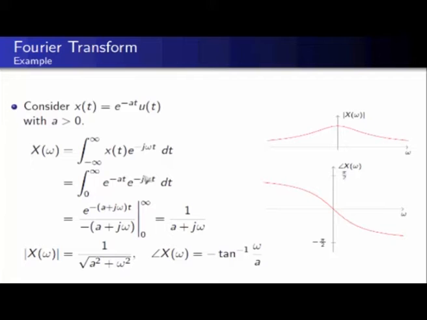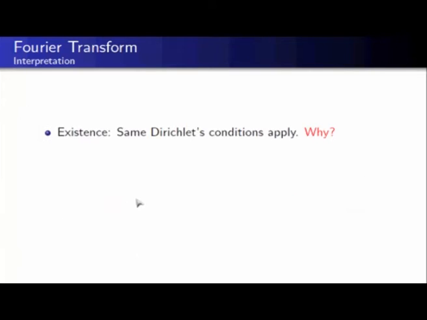Otherwise this infinite improper integral is not defined. For this to be defined, a necessarily has to be larger than 0. So let's continue, that's what I said before to the question. When do we say Fourier transform exists?